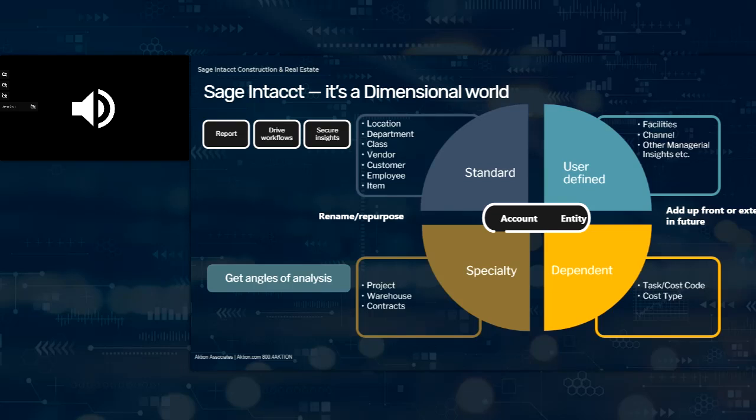And when we tag those dimensions on a record, it will flow with that record throughout the system, even into the general ledger, which means that when we do general ledger reporting, we can break down different GL accounts by different dimensions. So if you've ever wanted to have a GL account where maybe your cost of goods sold accounts were broken down by your project, you can do that. And Sage does it automatically.